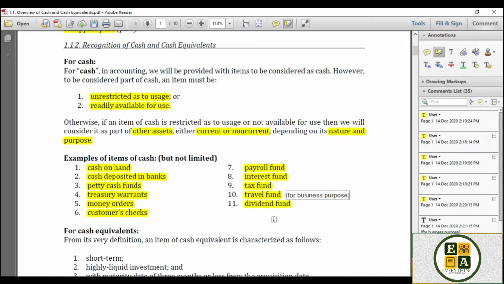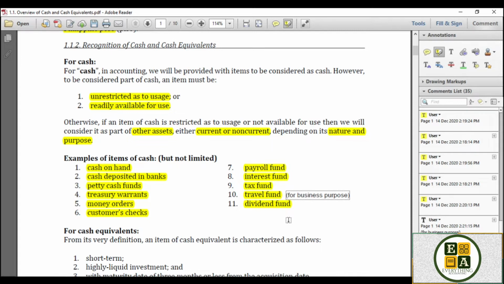Okay, so how are we going to qualify yung sinasabing unrestricted as to use or readily available for use? Kapag kinonsider natin yung item within the normal operations or current business purpose ng isang company. Okay? So, yan yung examples. Yung payroll, part yan ng business operations kasi pinapasweldo mo yung employees mo.